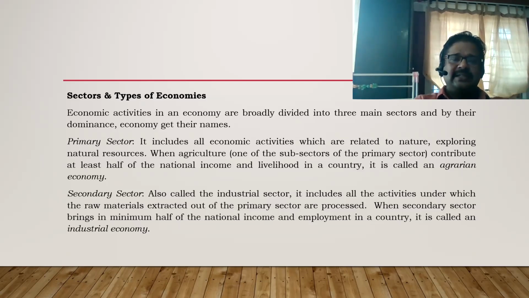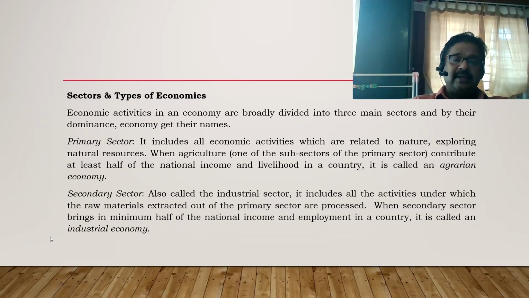such an economy is known as industrial economy. So first sector is primary sector, and first type of economy is agrarian economy. So that is what we are studying here: sectors and types of economies. The first sector is primary sector, and when agriculture, one of the most important subsectors of the primary sector, dominates in an economy, that economy is known as agrarian economy.